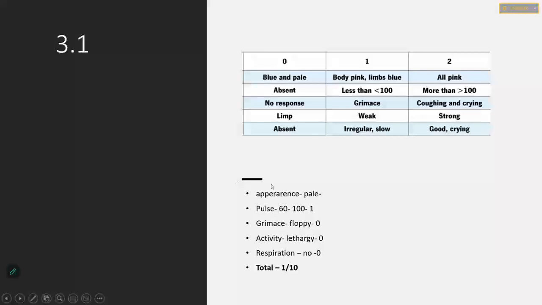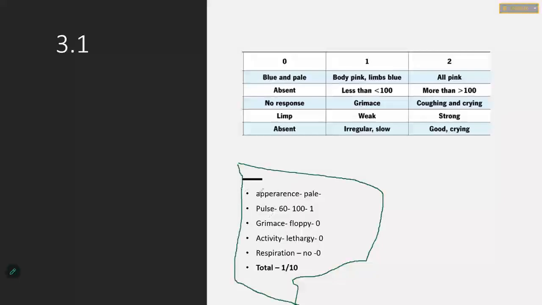At least you have to write this chart, and we have to calculate the score. The total score is out of 10, so the APGAR score is out of 10. For that, you have to know this chart. I think I have cut that part.